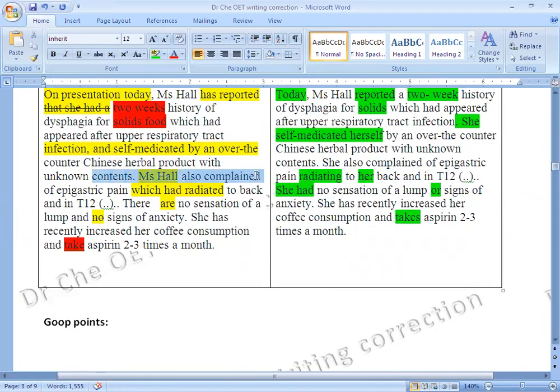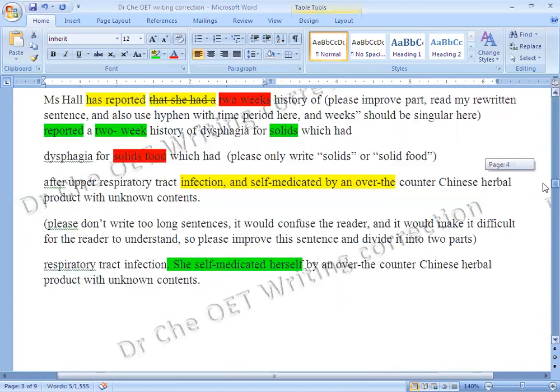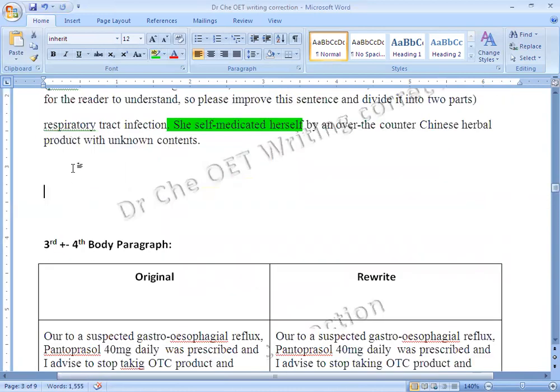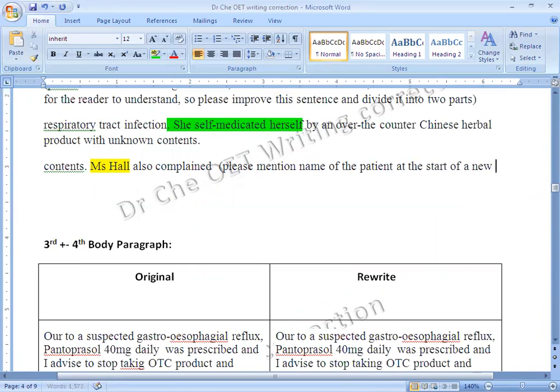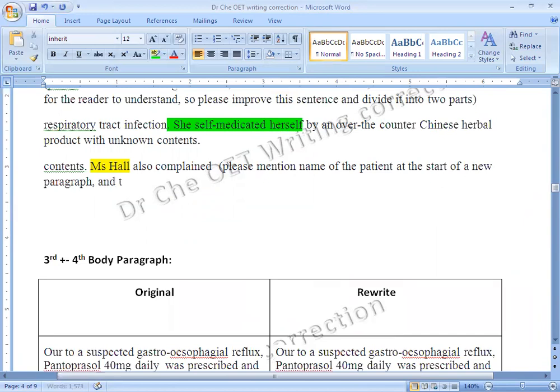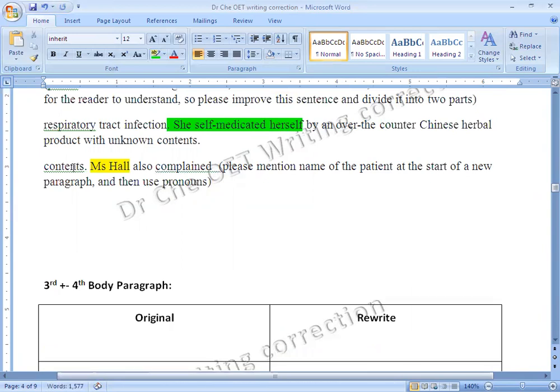Here we should say: please mention the name of the patient at the start of a new paragraph, and then use pronouns, he or she, like this.